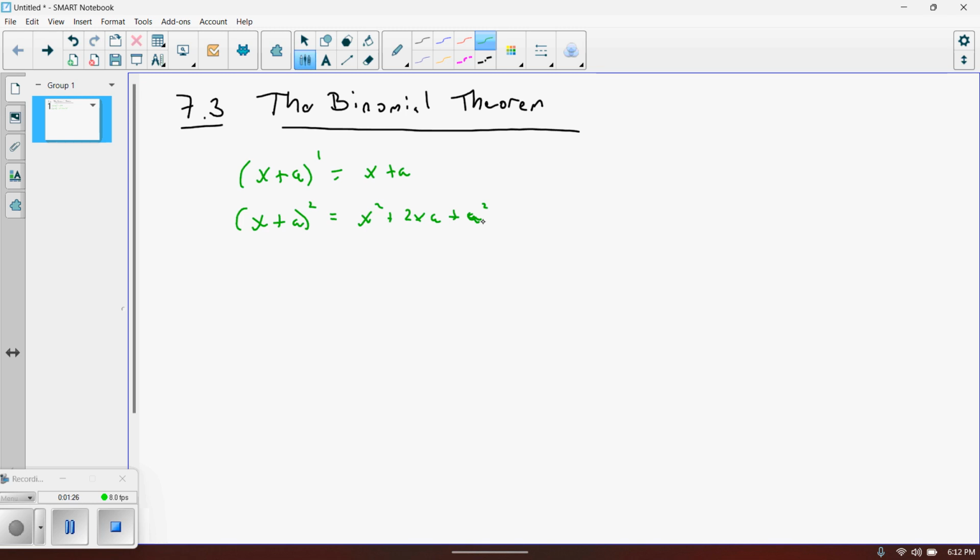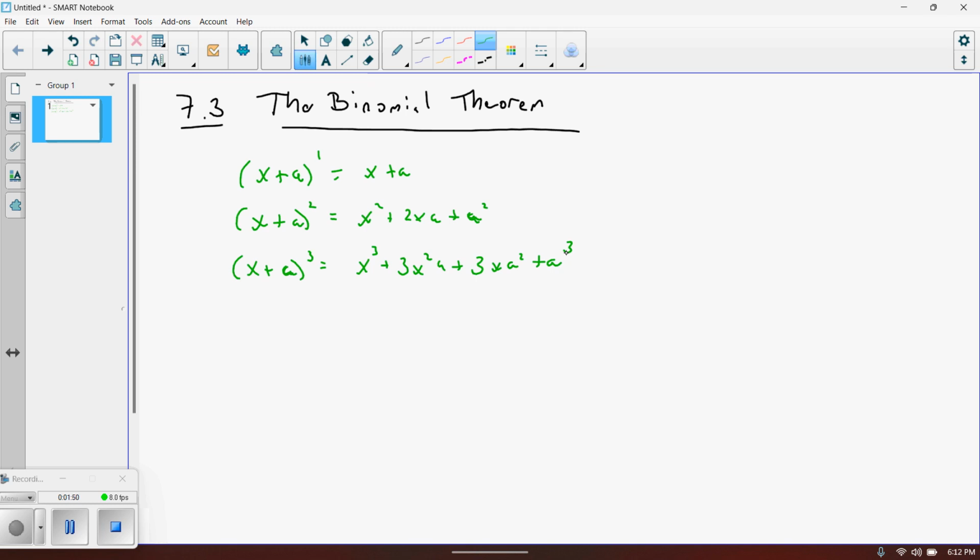Now, one that gets a little bit more complicated is if you had x plus a cubed, and I can tell you that that would be x cubed plus 3x squared a plus 3x a squared plus a cubed.